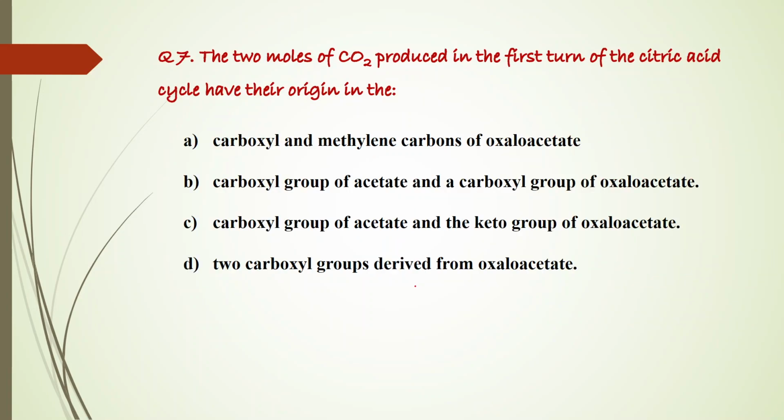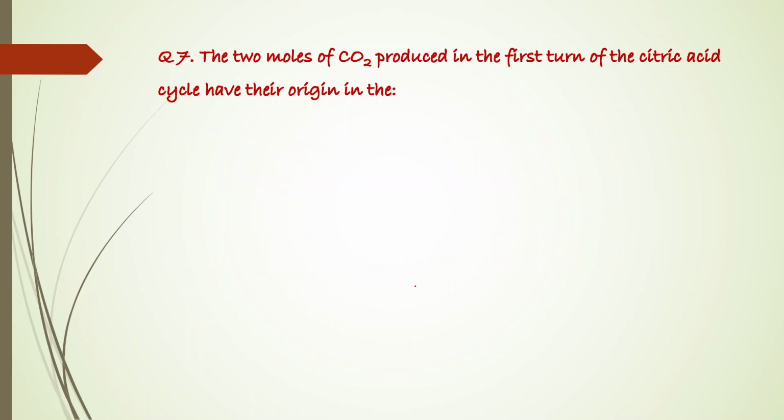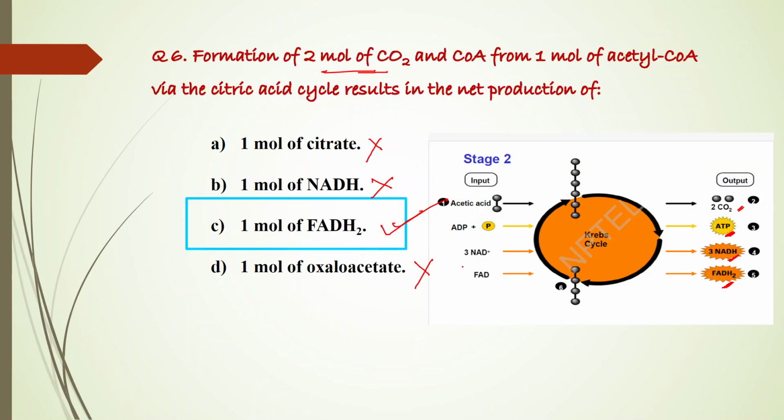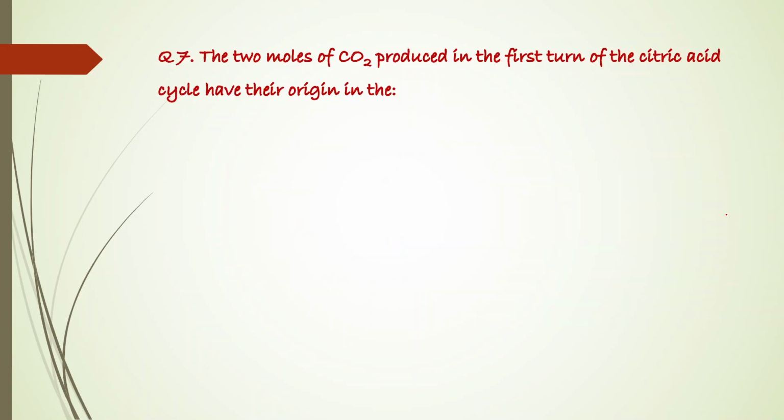It says the 2 moles of CO2 produced in the first turn of the citric acid cycle have their origin in what? So they are talking about 2 moles of CO2 produced. We can already see in the output, only stage 2 of the Krebs cycle has been shown here, but the output is the formation of 2 CO2 molecules.